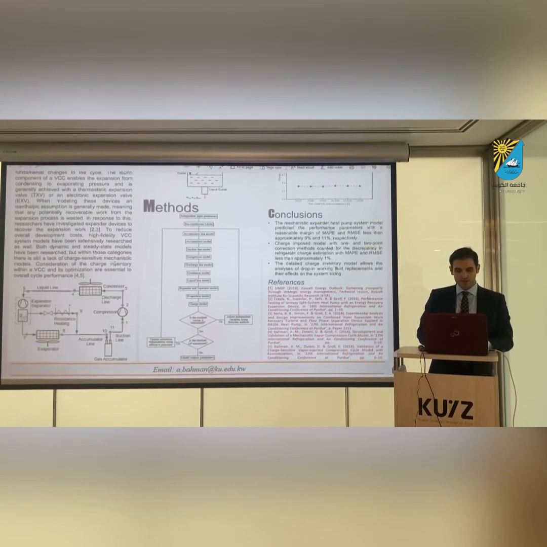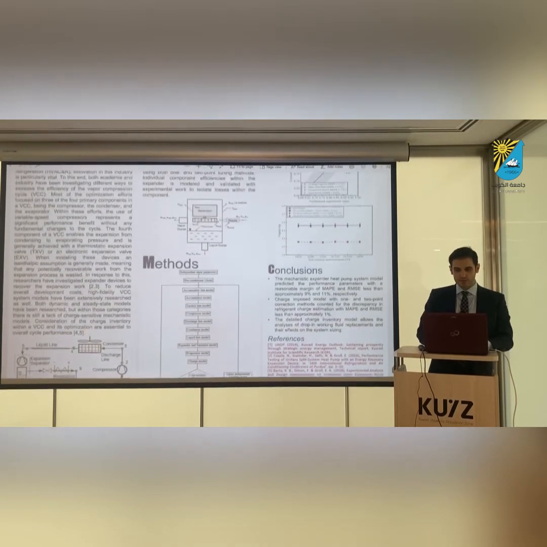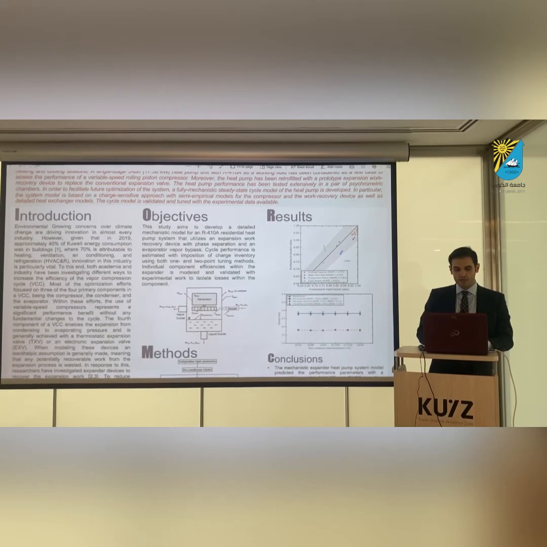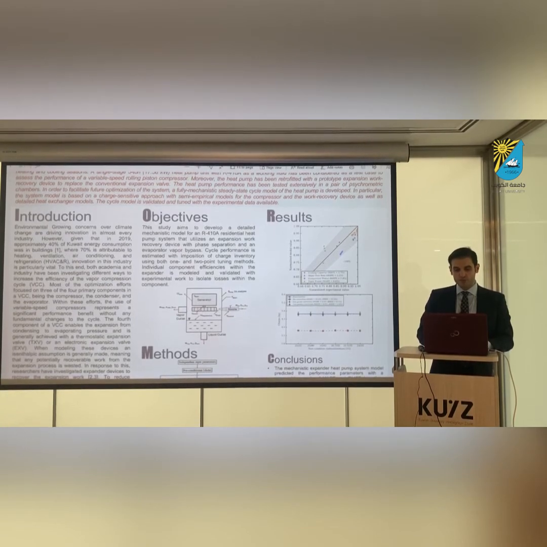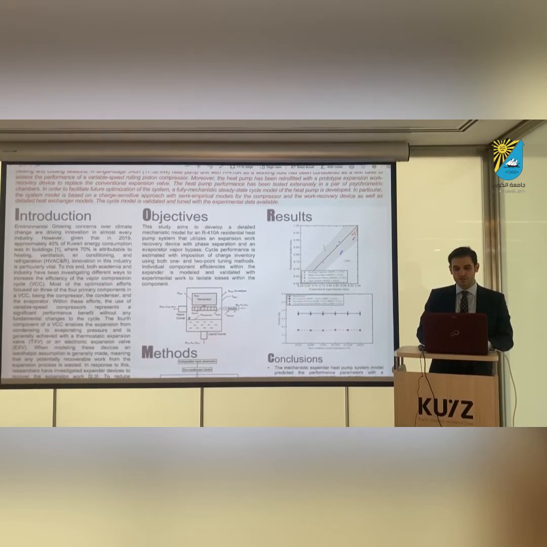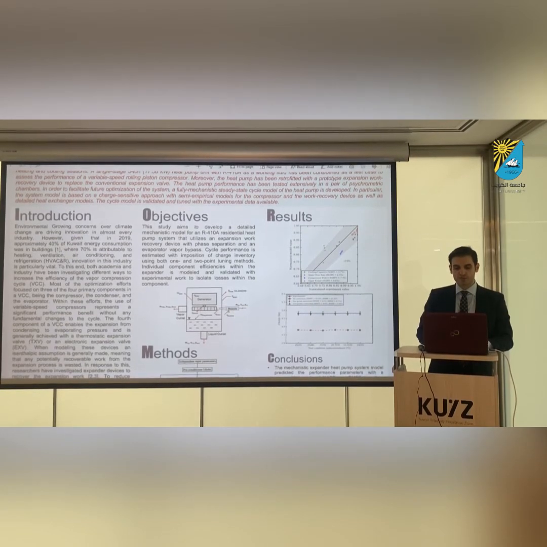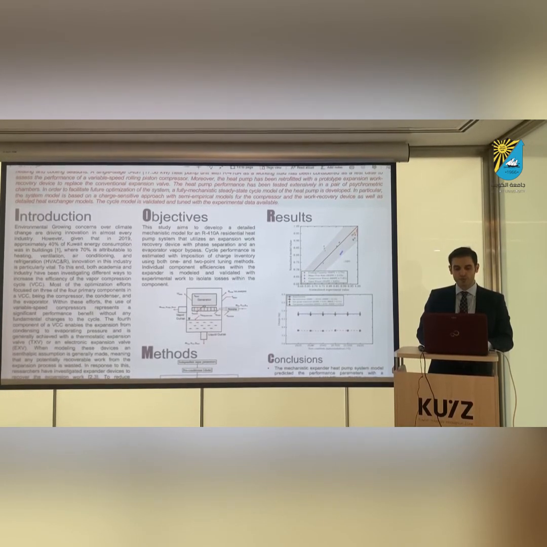So our designed expander basically consists of a nozzle and a turbine, where we try to inject the refrigerant coming out of the condenser in the liquid form into the turbine. So we have a two-phase output coming out.